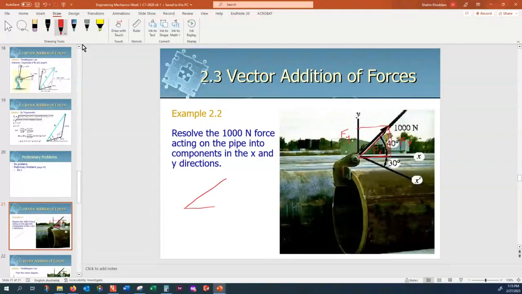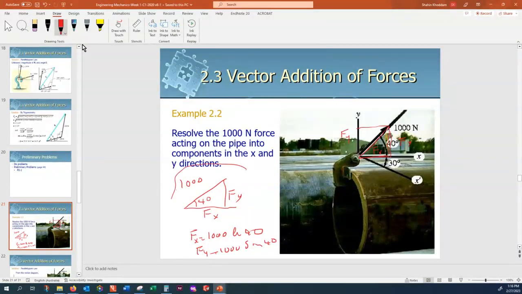So this is very simple. So 40 degrees here, that is Fx, this is Fy, and that is 1000. So how do I solve that? Fx is equal to 1000 cos 40, and Fy is 1000 sine 40.